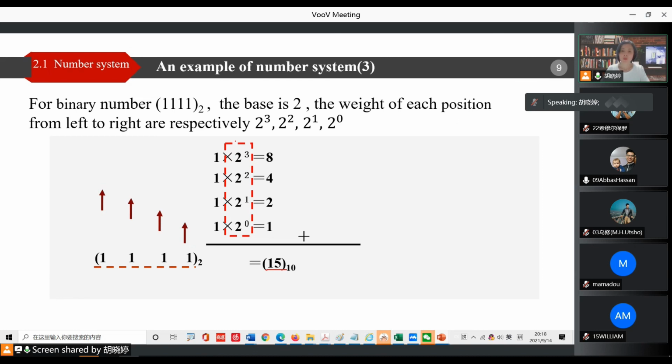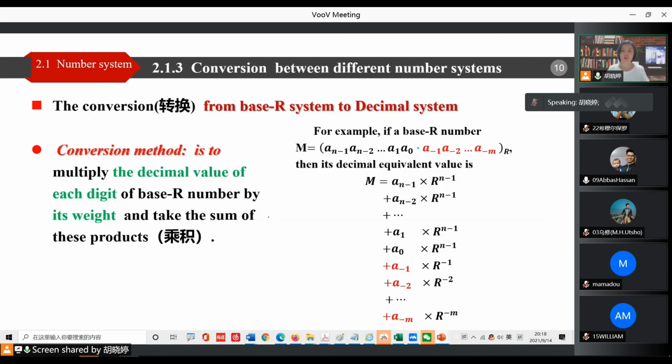So you need to understand how to do the conversion between different number systems.